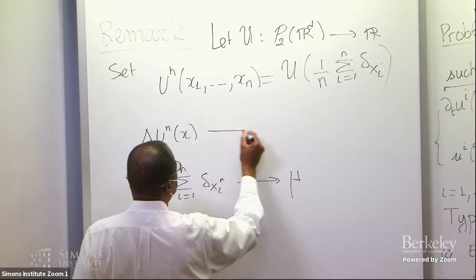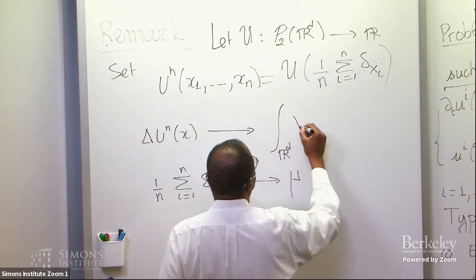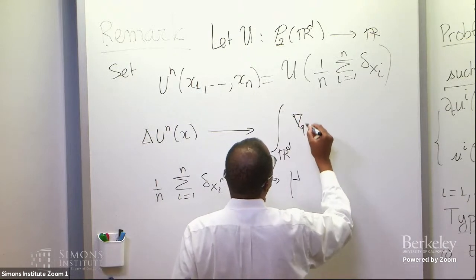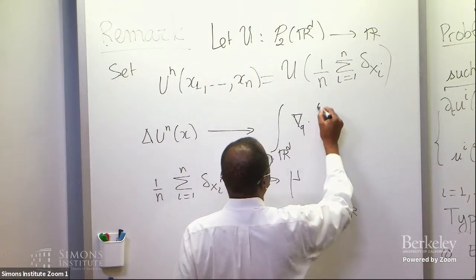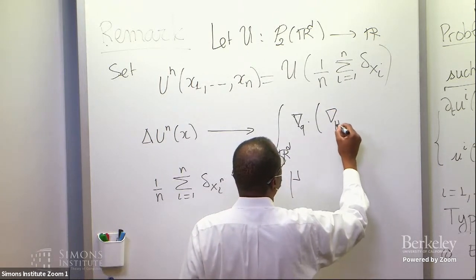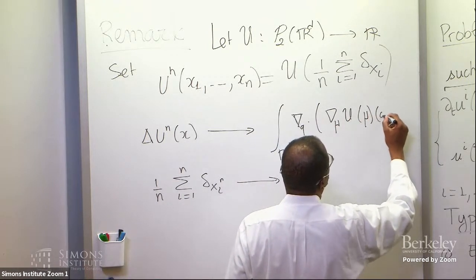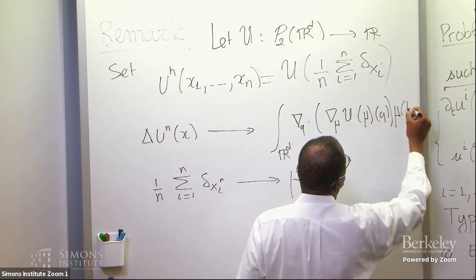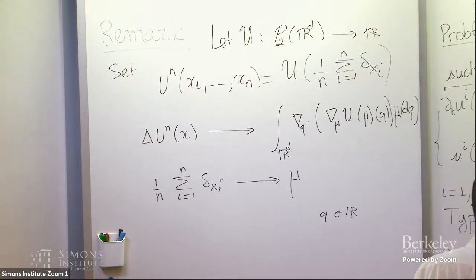Then this converges to the integral over R^d of the divergence with respect to q, where I am taking q in R^d, of the Wasserstein gradient of U at mu. So you can check that this is what happened. And similarly, you can compute this limit.